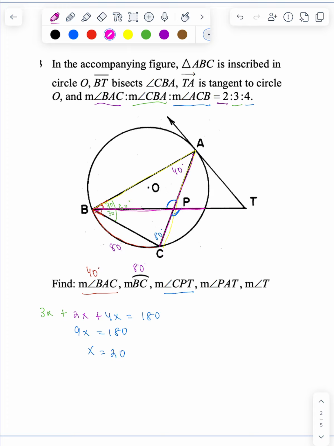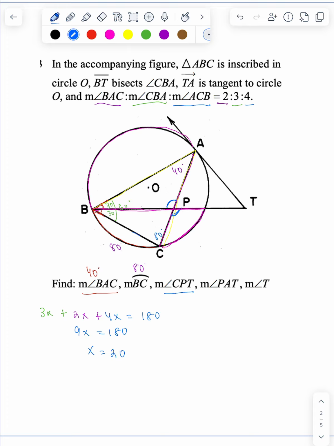And remember, the angles formed by intersecting chords are equal to half the sum of the intercepted arcs. The thing is, we don't have the intercepted arcs, because for those vertical angles, arc BA is one of the intercepted arcs, and this arc over here is the other intercepted arc, the two in pink. We don't have those. So let's see if we can find them.